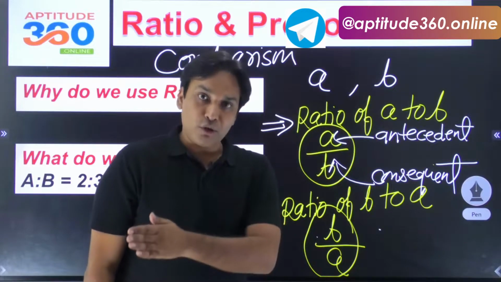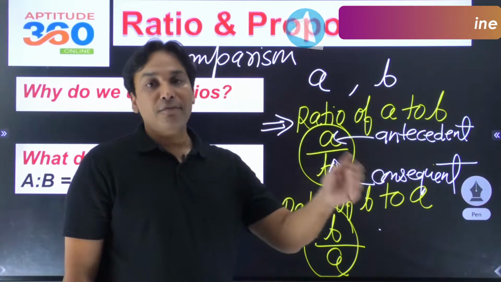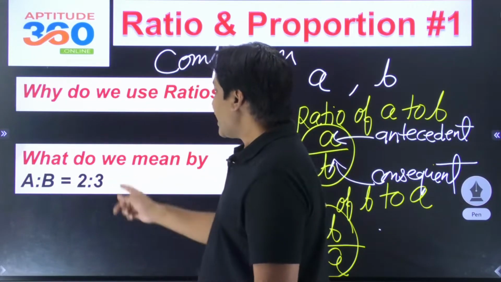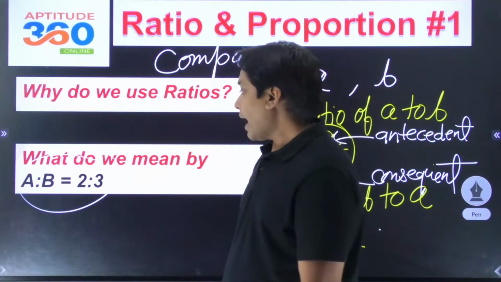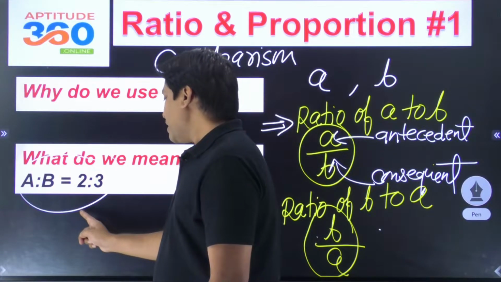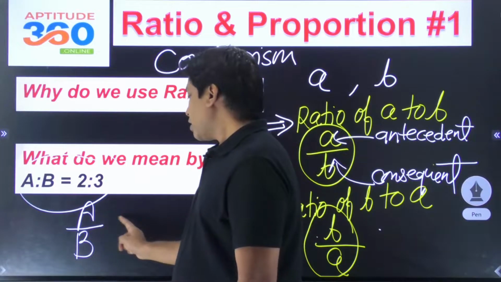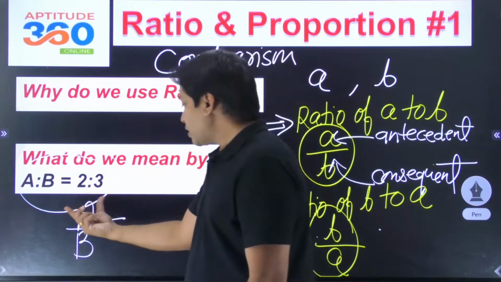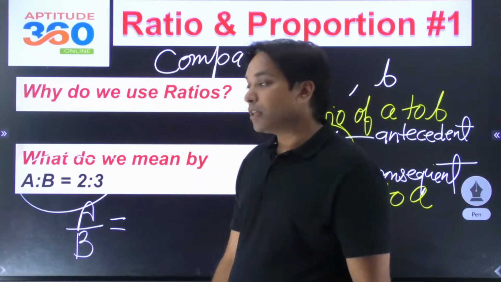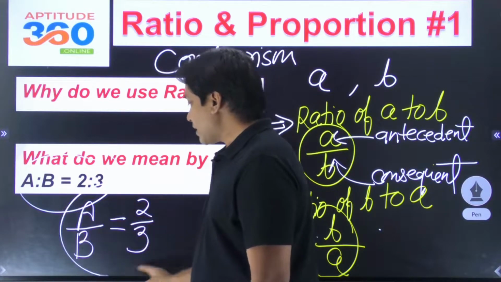So in ratios we do the comparison of two or more values. So when I write A is to B as 2 is to 3, what does this mean? I say that A is to B can be written as A by B, because you are comparing the value of A with the value of B. So A is going to be the numerator and B is going to be in the denominator. So this value can be written as 2 by 3. This can also be written as this.